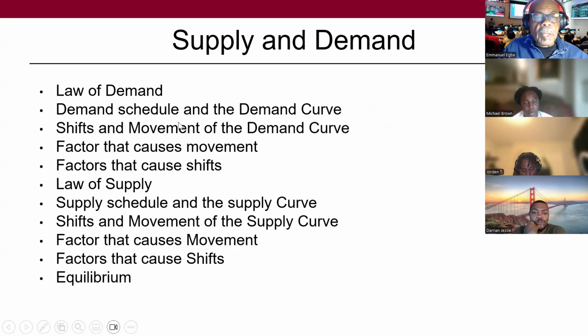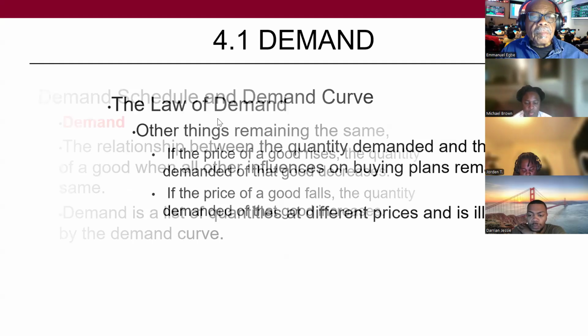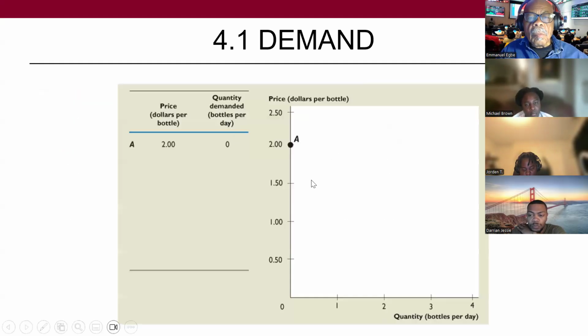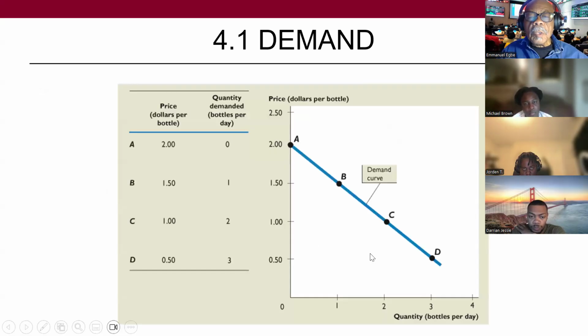Now, according to the law of demand, the higher the price, the lower the quantity demanded. We need to differentiate between demand and quantity demanded. As you can see here, demand is illustrated using what we call a demand schedule, which is this table that shows the quantity of a good that buyers will buy at different prices.